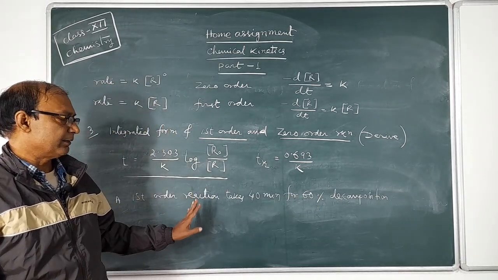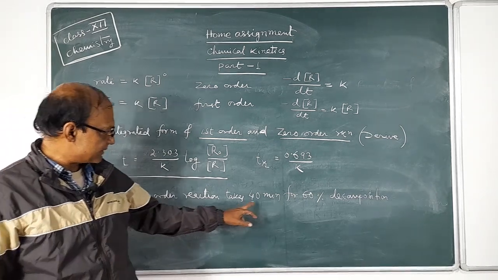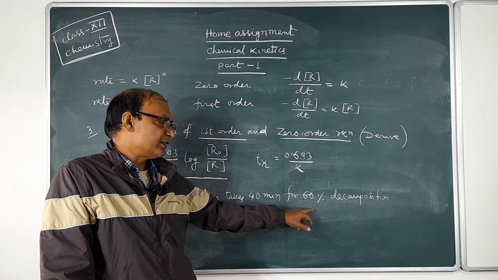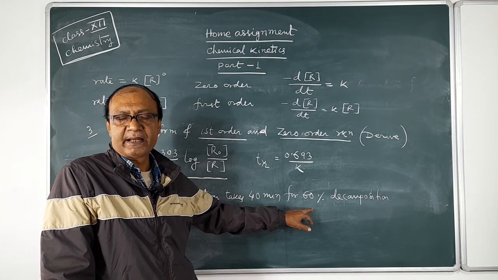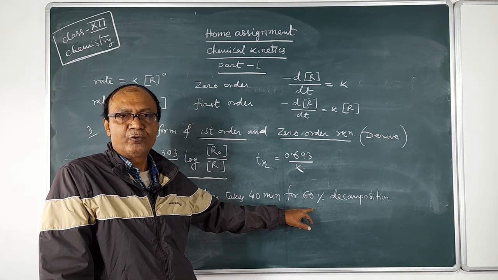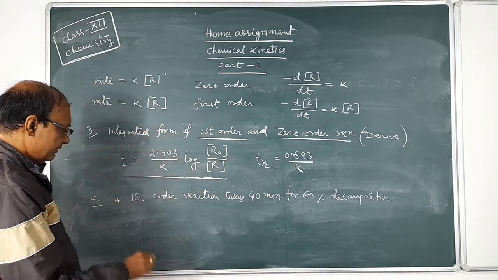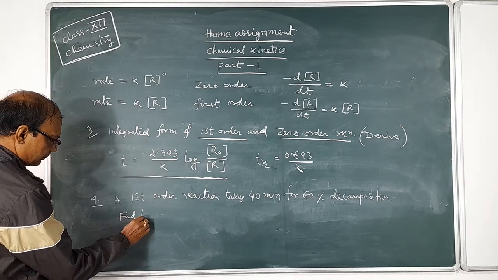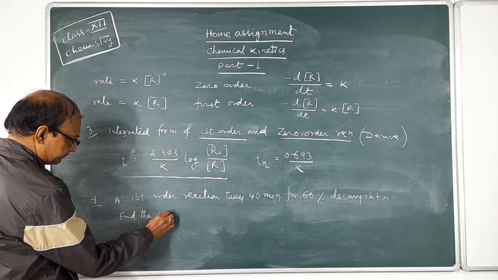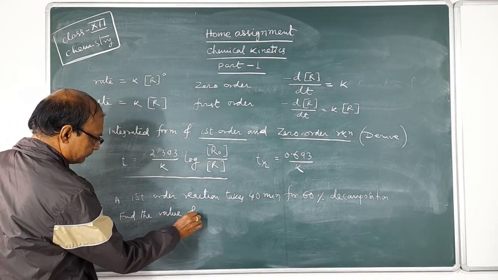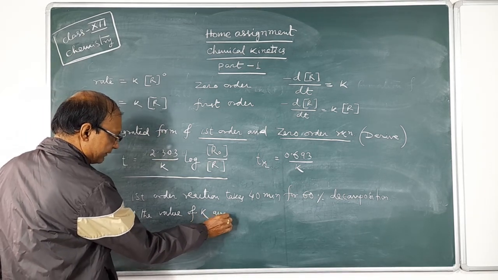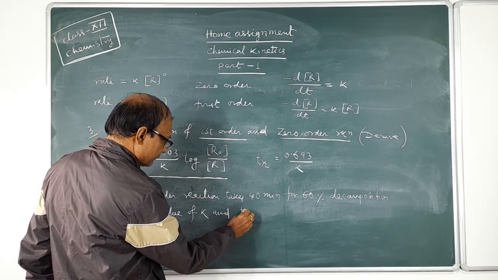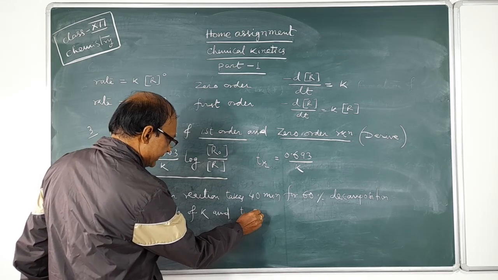So this is given. A first order reaction takes 40 minutes, this is the time given, and 60% of the reaction has occurred. You have to find the rate constant, find the value of K and T half for the reaction.